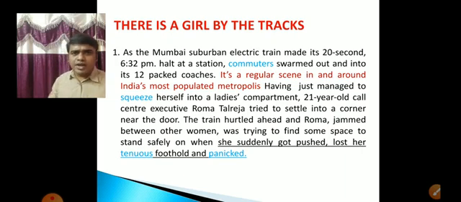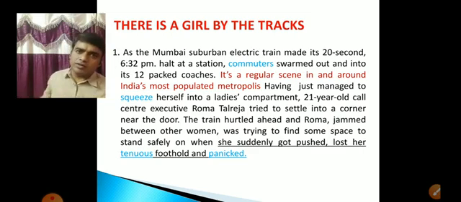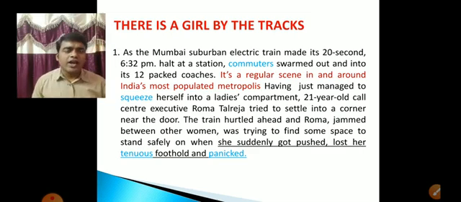That's why she managed to settle in the corner near the door. The train hurtled. While she was trying to manage there, the train started moving. Hurtled in the sense it started moving. Roma, jammed between the other women, was trying to find some space to stand safely.